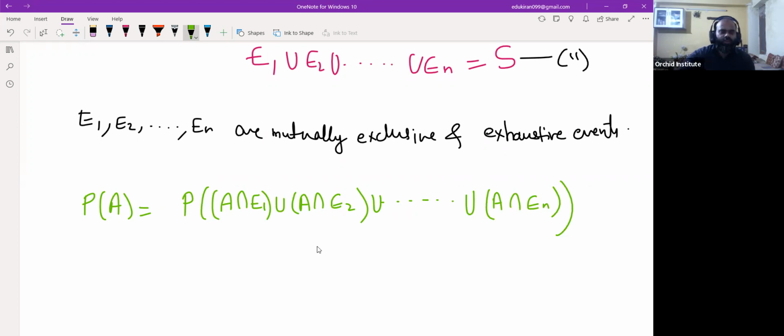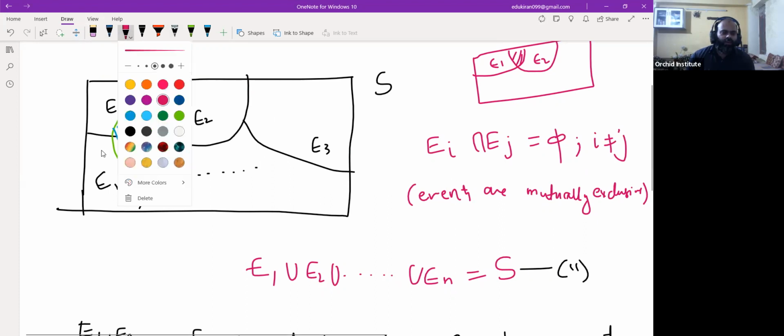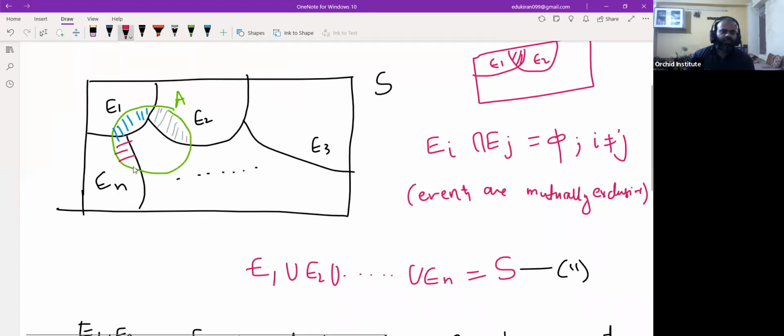So you can see here that this event A has something common with E1, something common with E2. Similarly, if there is nothing common with E3, the intersection will be null. Something common with En, like this. So it is covering the whole A by taking common with any one of E1, E2, E3 till En.